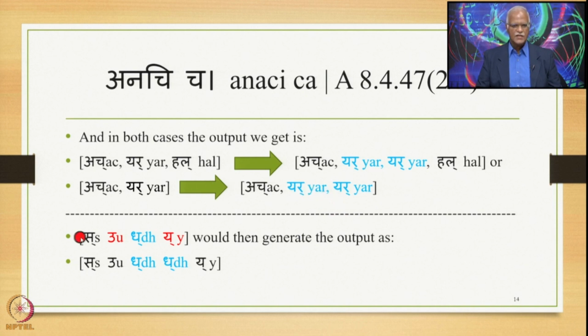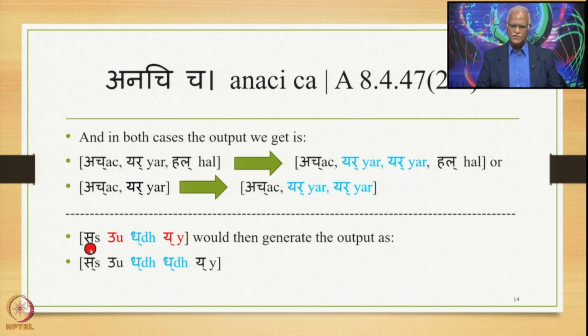Now in the case that we are studying right now, where Sudhya is the Purvapada, we have Sa, then U, which is an ach, then we have Dha, which is a yar, and then we have Ya, which is a hal, which means that this bracket is exactly replicating this particular sequence, ach, yar, hal.